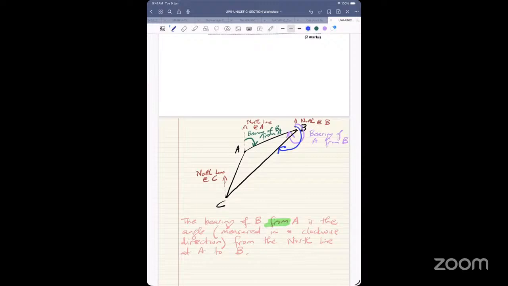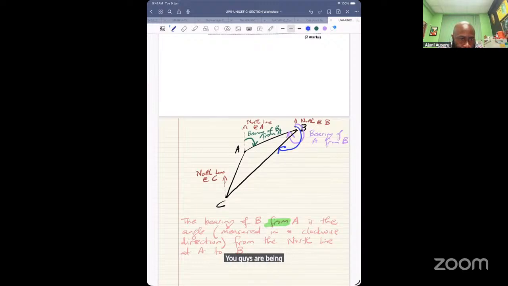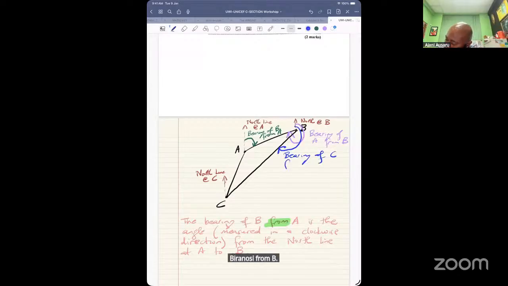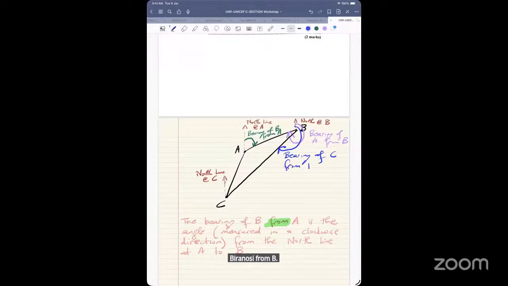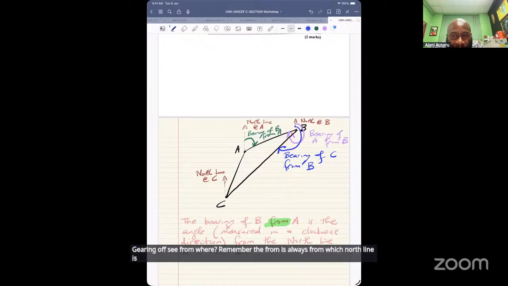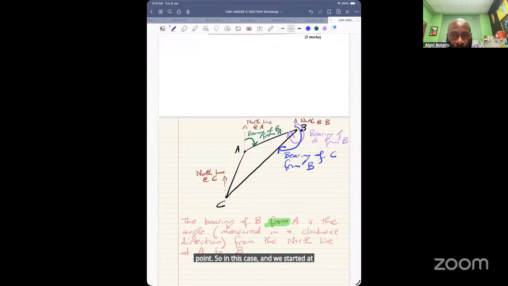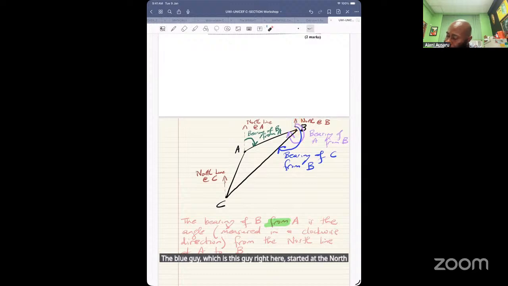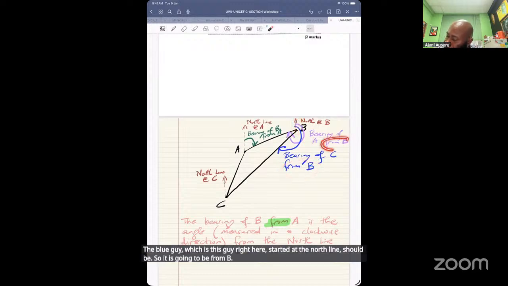A bearing of C from B. Beautiful. Remember, the from is always from which north line you start. The north line through what point? In this case, we started at the north line through B. So it is going to be from B, just like our purple one right here is from B.